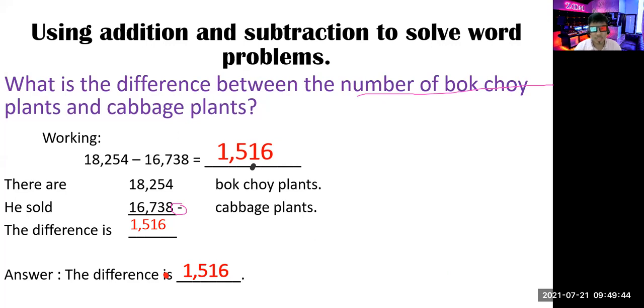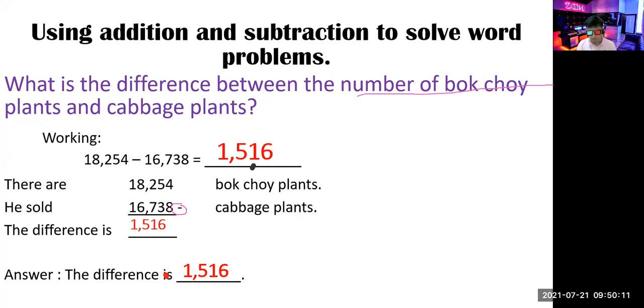And if you see the word difference, it indicates a minus. So you will use minus if you see this word in a word problem. And in minus, if you see the word left, L-E-F-T, that means you will use a minus sign. I hope you get it.